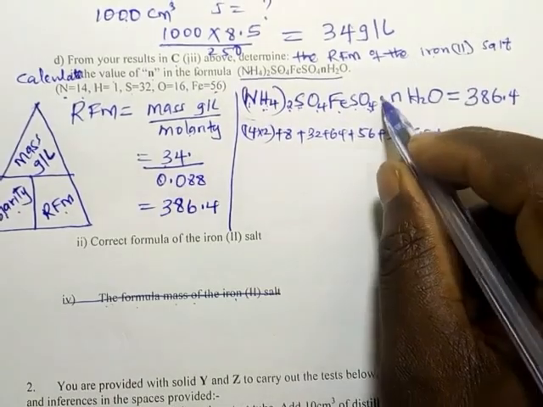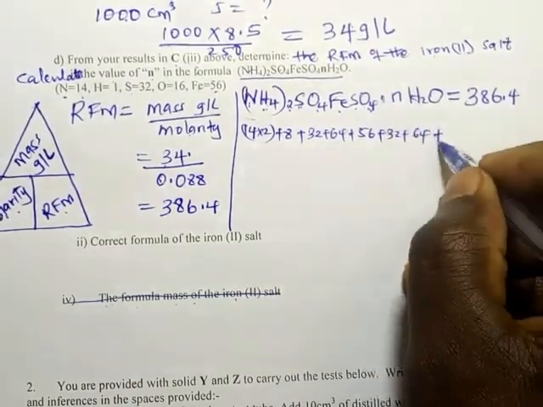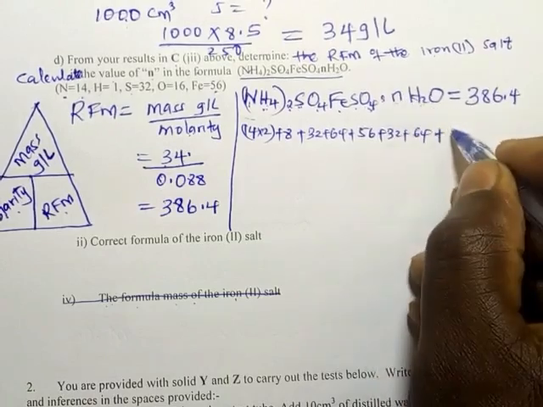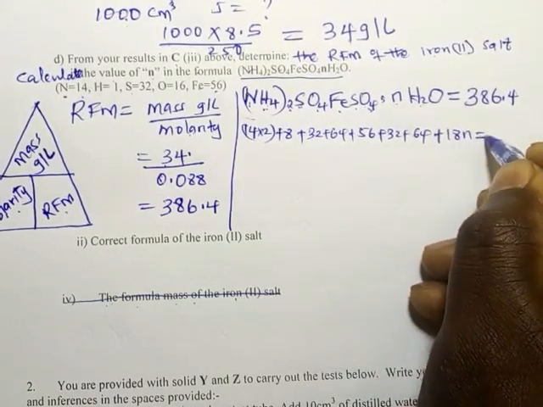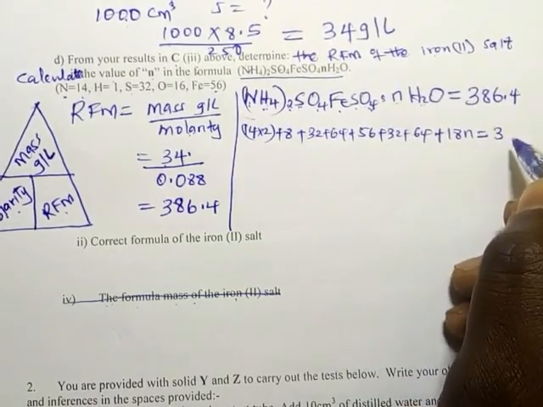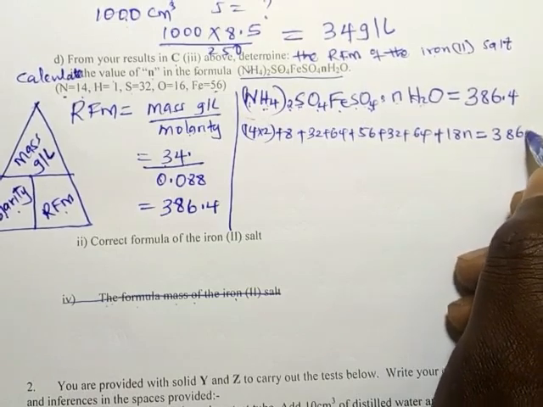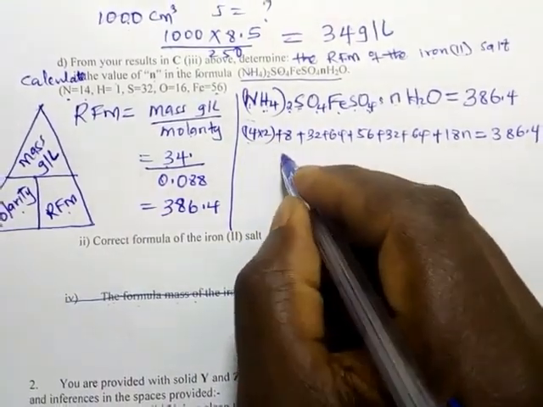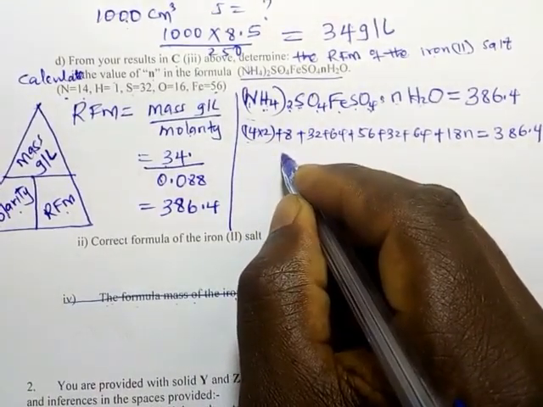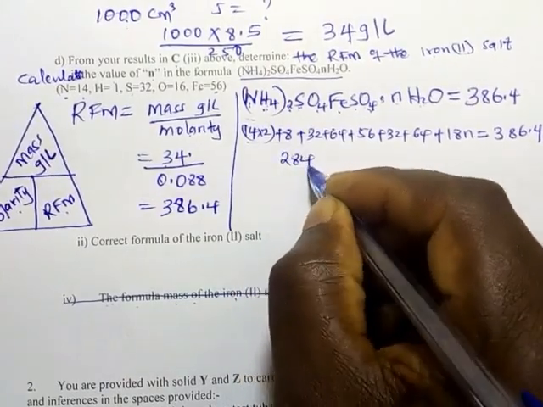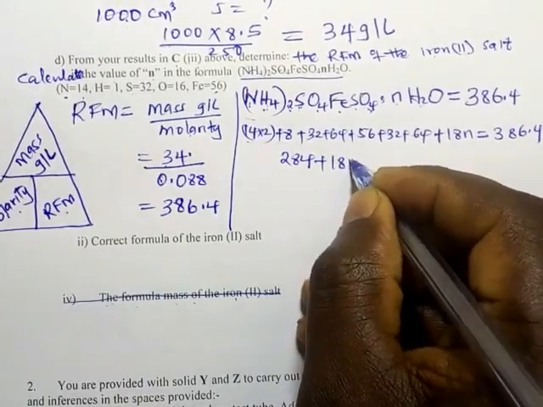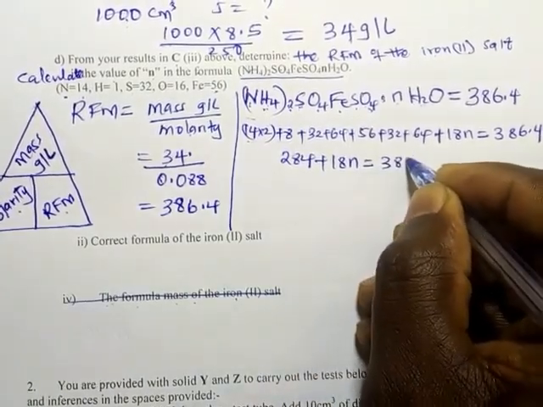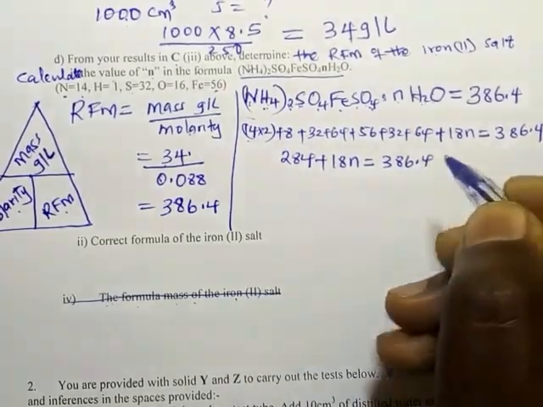Plus, because this dot is a separation, water is 16 plus 2, which is 18. 18 times this is 18N, which is equal to 386.4. Add everything here, you will get 284 plus 18N equal to 386.4.